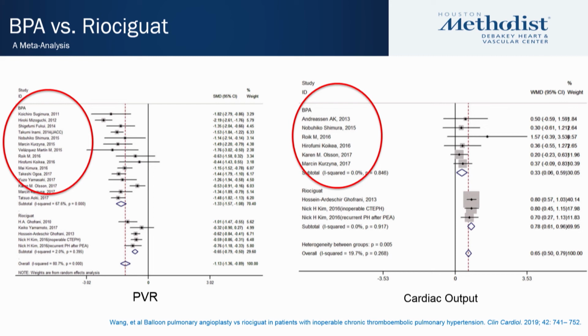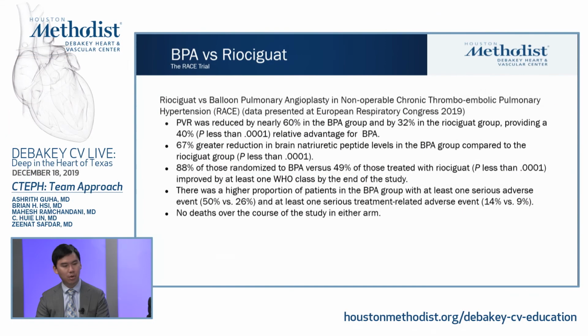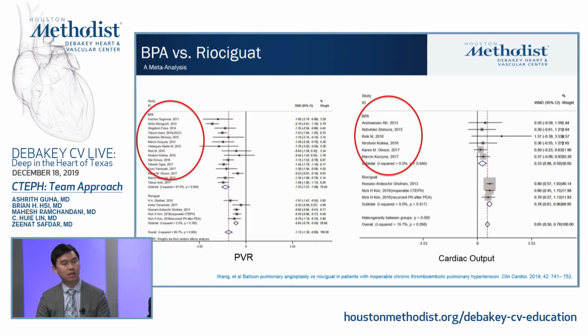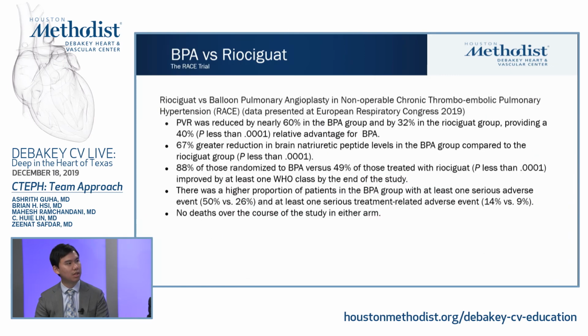The meta-analysis seems to suggest that from a hemodynamic, PVR standpoint, there may be more of a benefit with BPA versus medical therapy. But interestingly, from a cardiac output standpoint, it may have been reversed, for which there are some theories out there, but at this point it's still relatively unclear which one is more beneficial than the other.